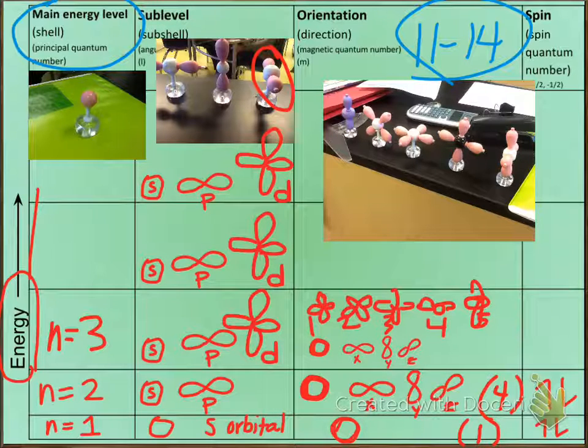Oh, good enough. So we have 5 of those. So how many orbitals do we have total here on the third main energy level? We just added 5. We had 4 before. 9. So 9 total orbitals. And inside each of those orbitals, there are 2 electrons, and they have an address of up and down.